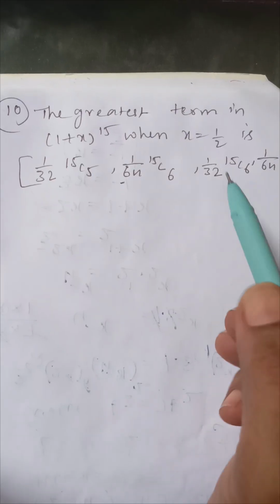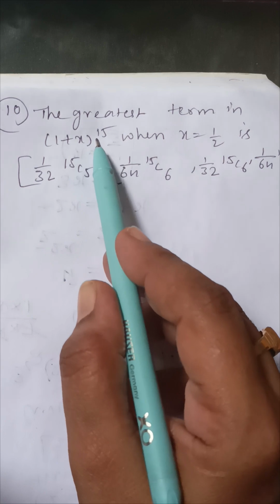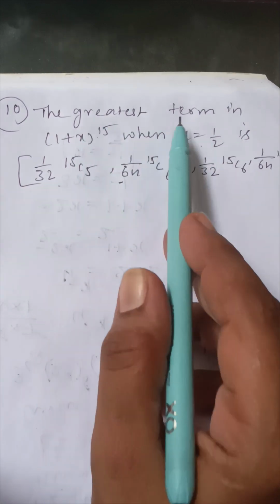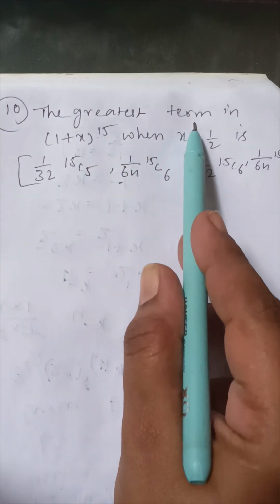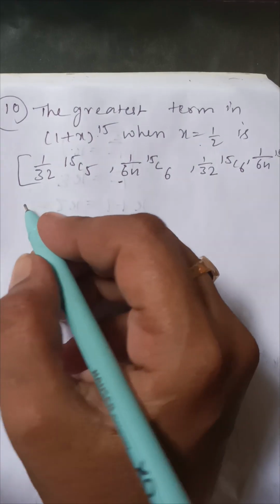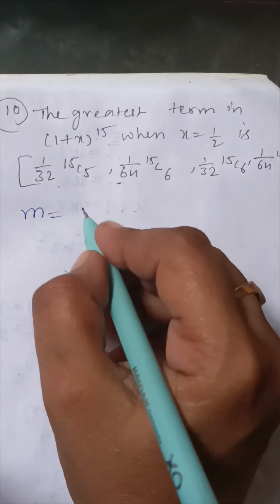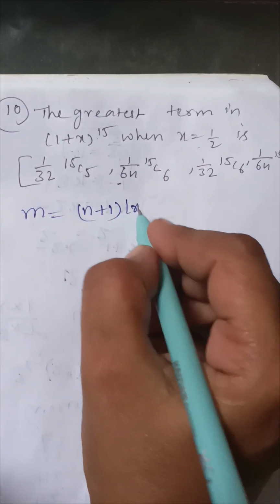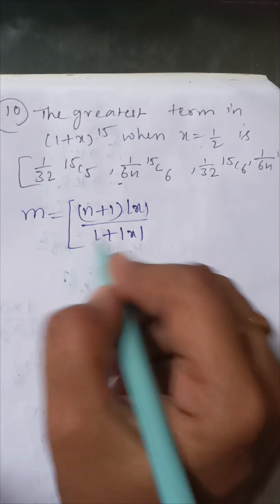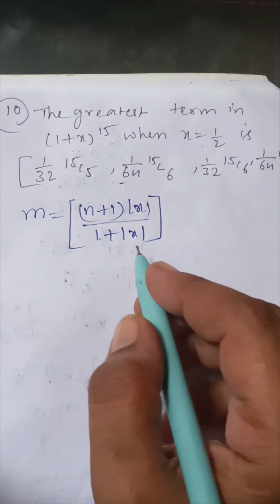Next question. The greatest term in (1 + x)^15 when x equals 1 by 2 is. The greatest term is nothing but the numerically greatest term in this expansion when x equals 1 by 2. For the numerically greatest term, m equals [(n+1)|x| / (1+|x|)]. This is the step function, meaning you have to take the integer.